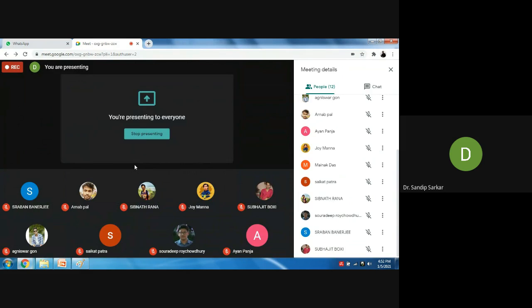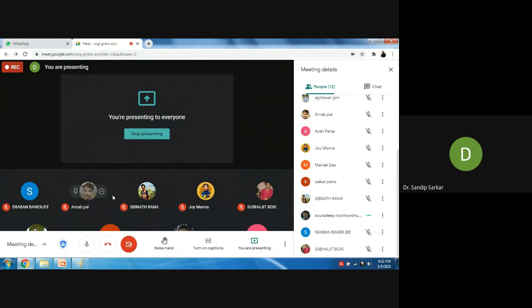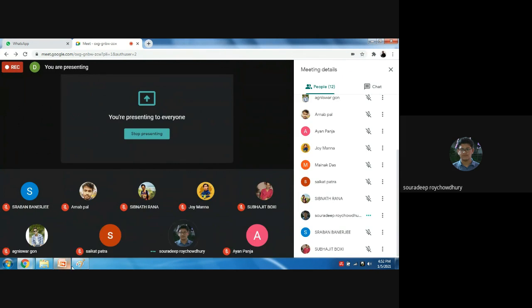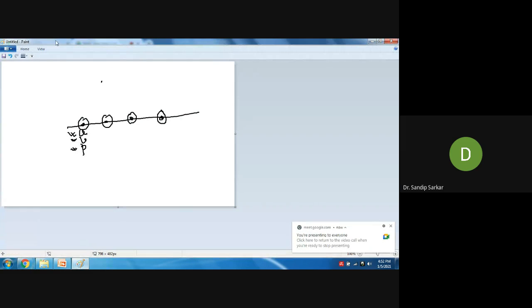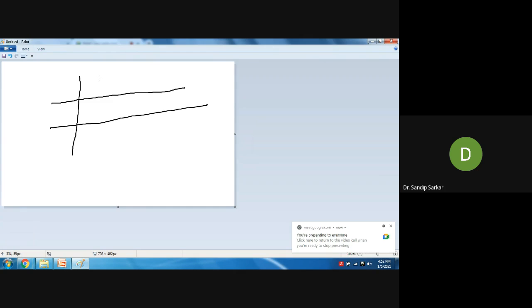Shorodip, how can we avoid it? Sir, I don't know. Okay. Any idea, Shivnath? No, sir. Okay. It can be avoided if we specify u, v, and p at different grid points.